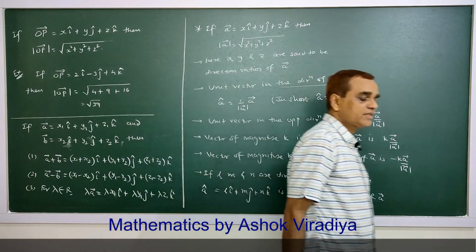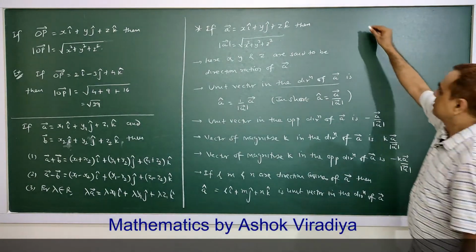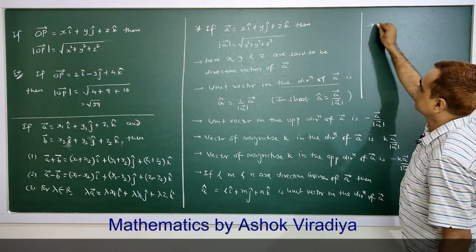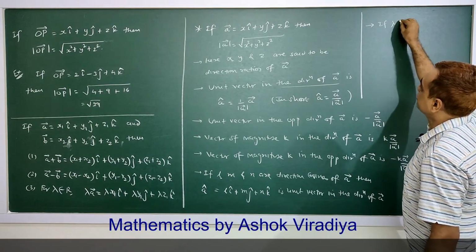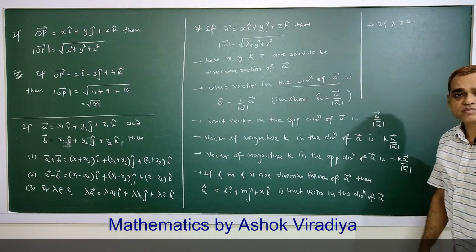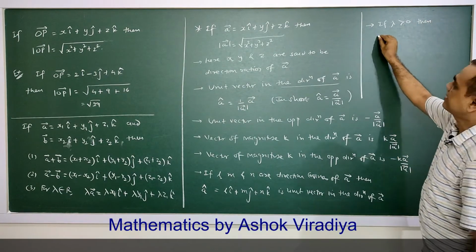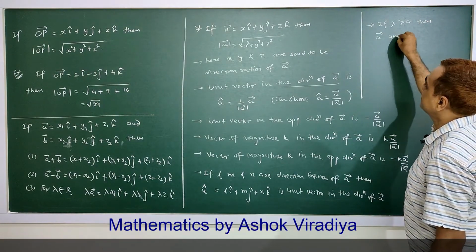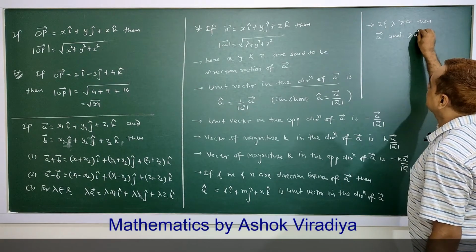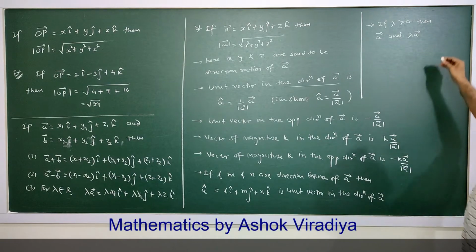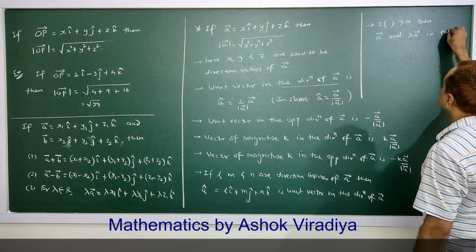Then if lambda is positive, vector A and lambda times A are in the same direction.